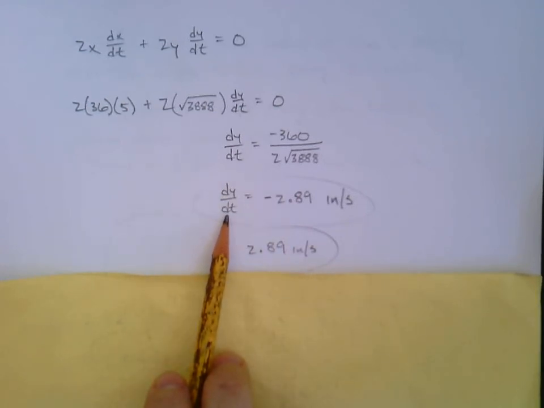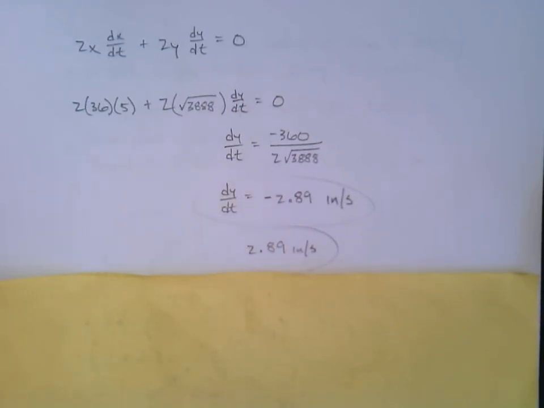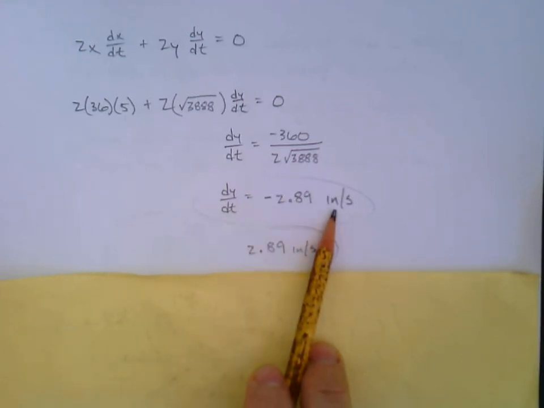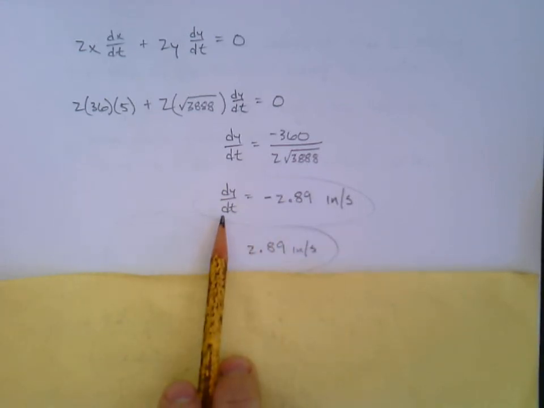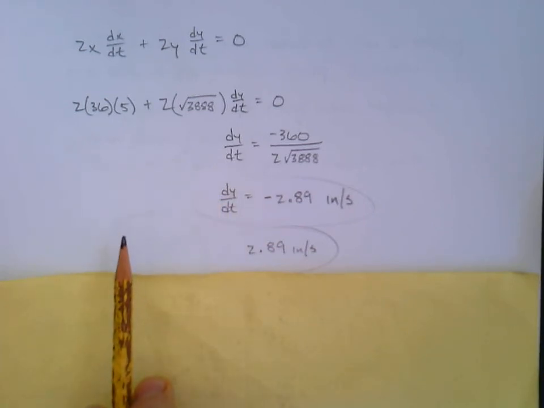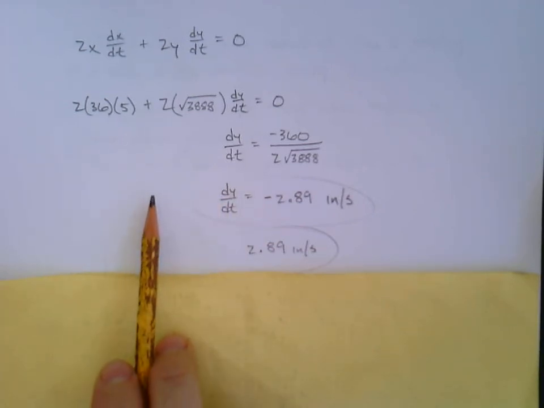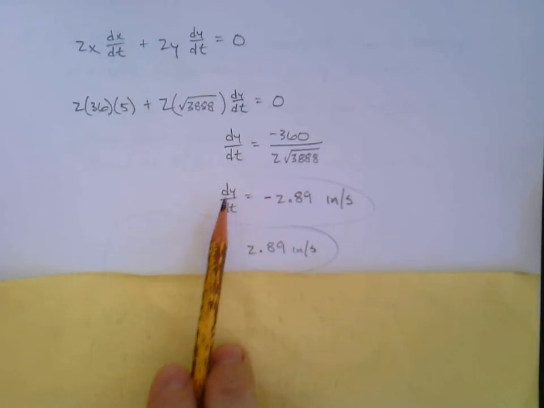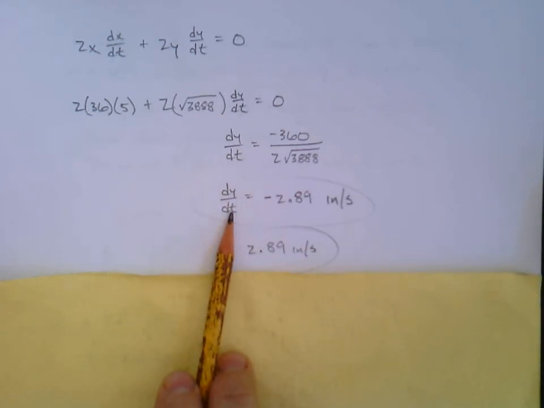The Leibniz notation reveals what the units are here. Okay, this is not a fraction, but it sure does behave like a fraction right now. What are the units on y? Inches. How many inches up the wall, right? It's a distance. What are the units of t?